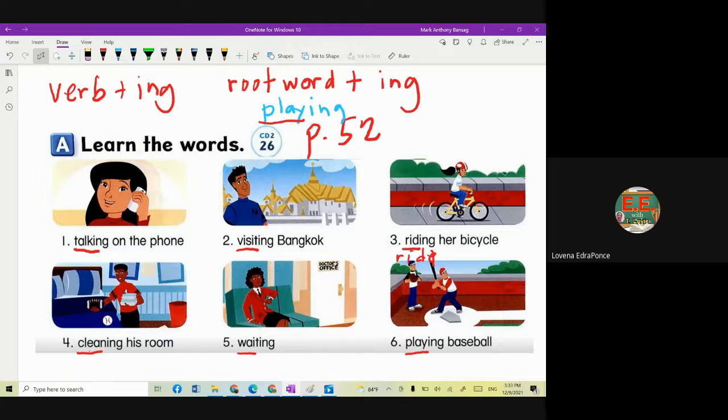Visiting Bangkok. Number 3. Riding her bicycle. Number 4. Cleaning his room. Number 5. Waiting. Number 6. Playing baseball.